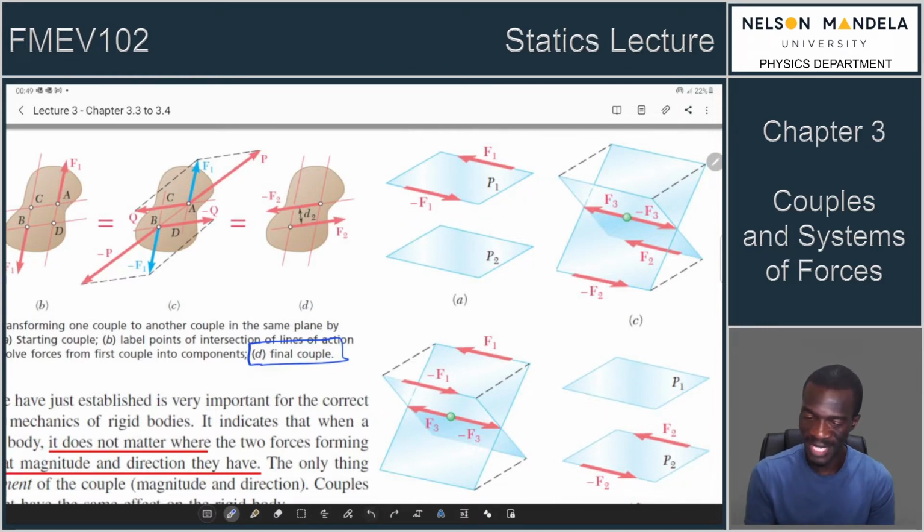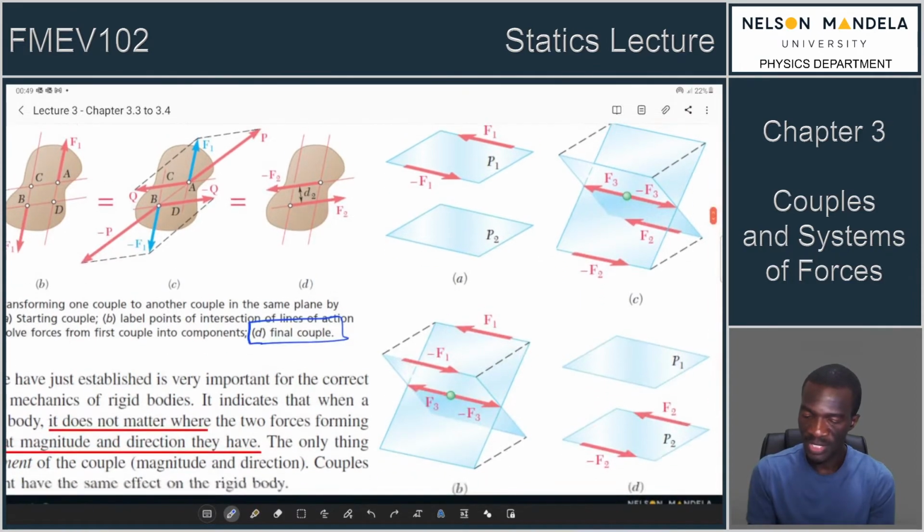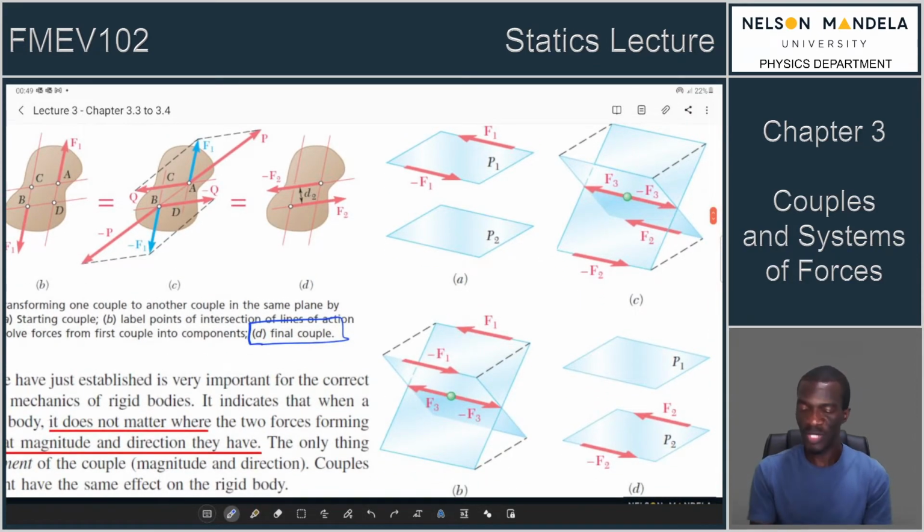You will notice that from figure A, we have one couple at plane P1. If we are to use figure 2 and construct a plane that is oriented diagonally, it looks slanted, right?